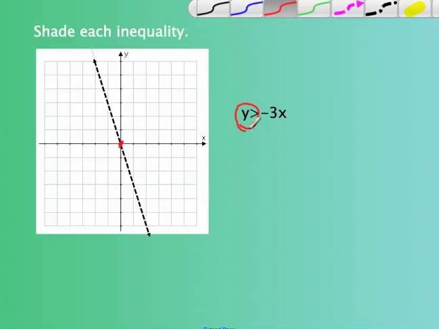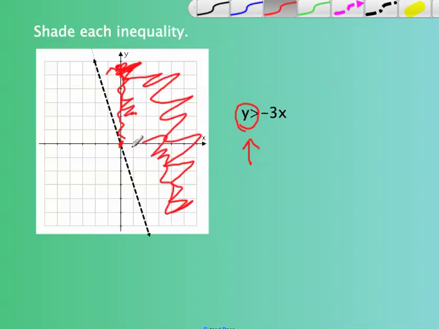Now, since we have y is greater than, we're going to shade above our line, because the y values that are greater than are above the line. So you can start by shading this part, and then shade the entire rest of this side of the graph.